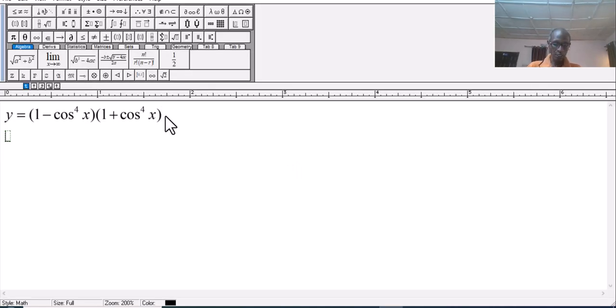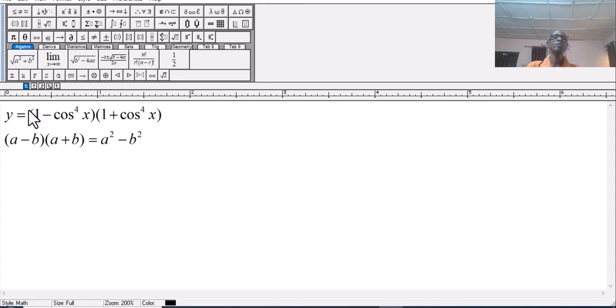Now note, I don't want to expand it as it is. But if you are given something of this nature, (a minus b) times (a plus b) will give you a squared minus b squared. So take note of it.